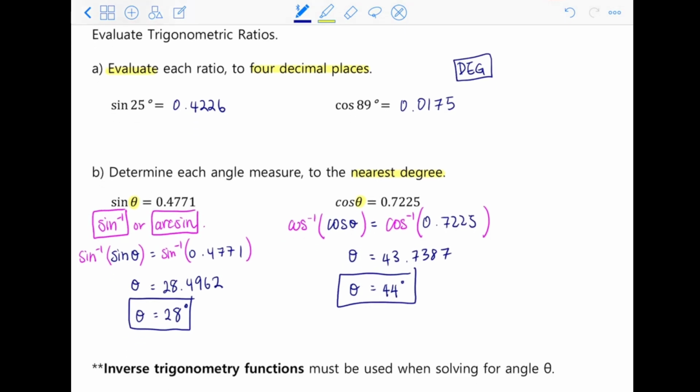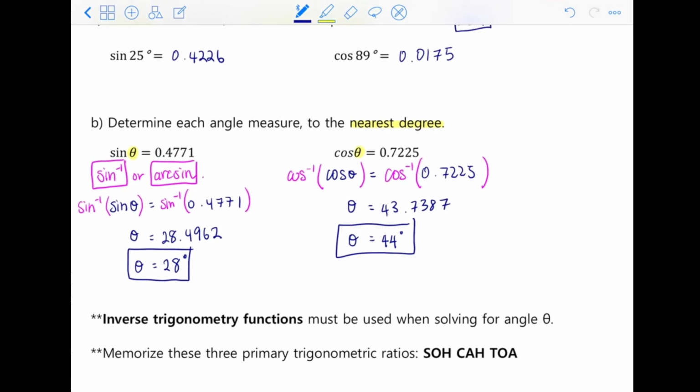All right, so inverse trig functions must be used when you're solving for angle theta. So we can undo that first trig function, we need inverse trig functions.